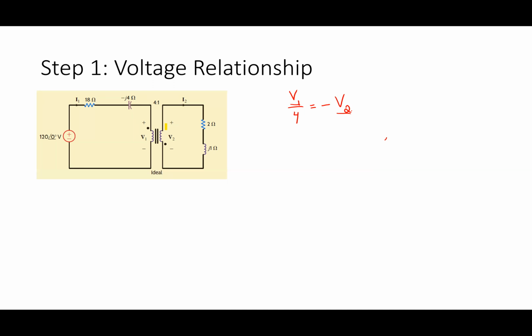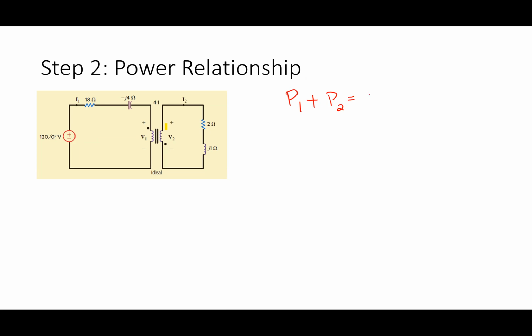Now, the next step for me basically is to get the power relationship. So again, our basic approach is that P1 plus P2 equals 0. So I've got to write P1 and P2. So P1, how would I write that in terms of the way I1 is defined?